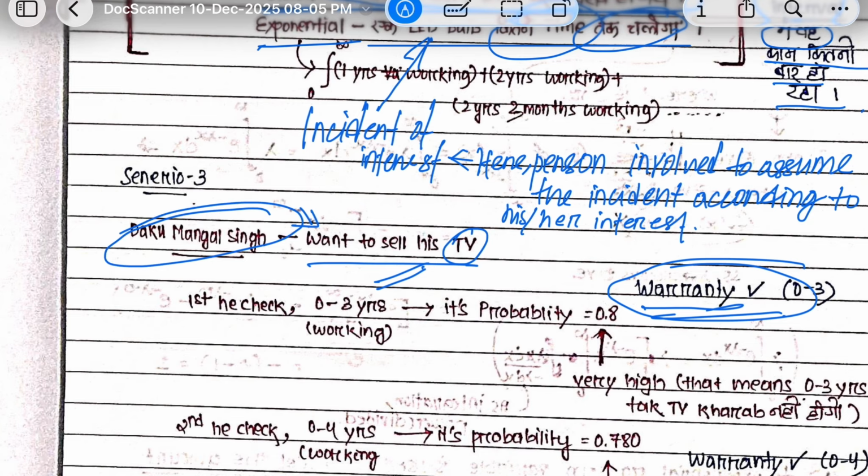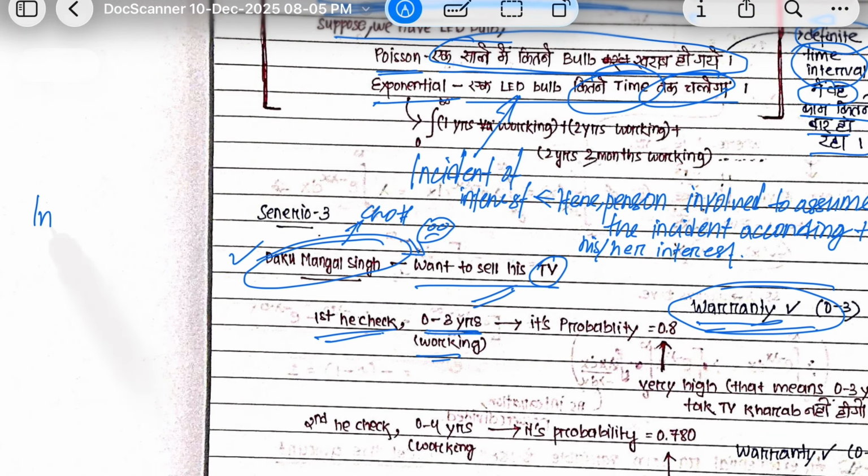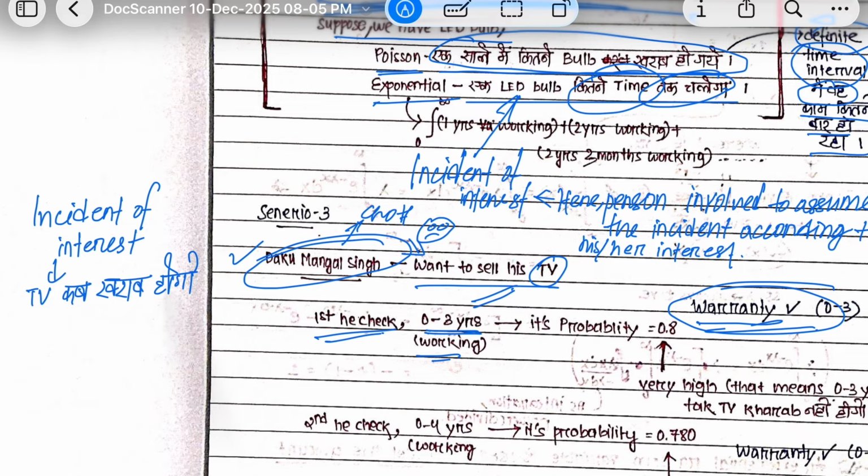So here we will check the probability of the working of the TV, where the incident of interest is the TV getting spoiled. The incident of interest is the TV breaking down.